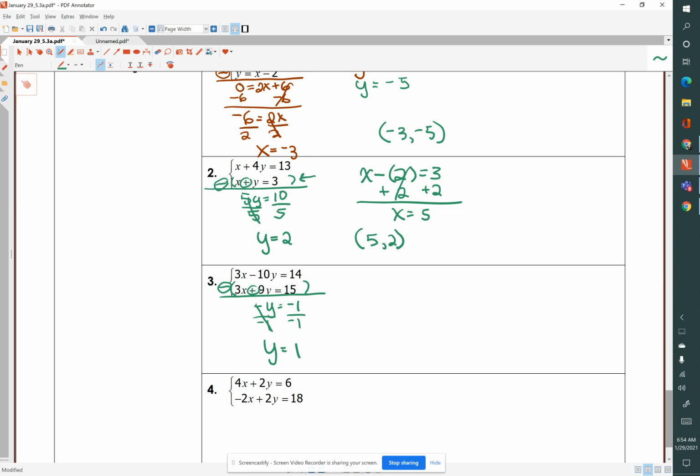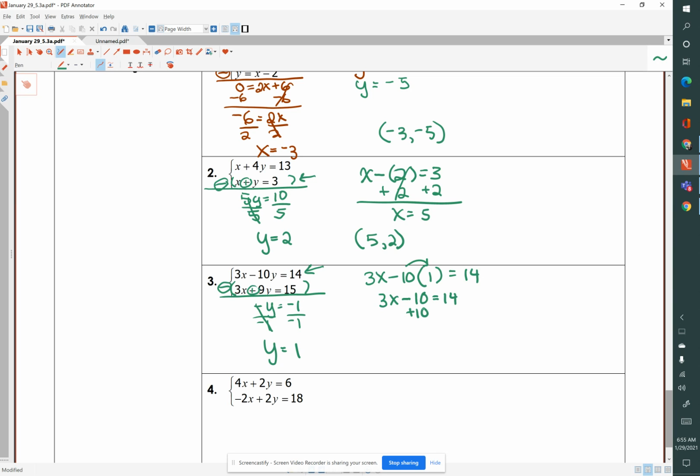So I'm going to insert y into, I'll choose the first equation. So the y value is 1. 3x minus 10, instead of y I put 1, equals 14. 3x minus 10 equals 14.